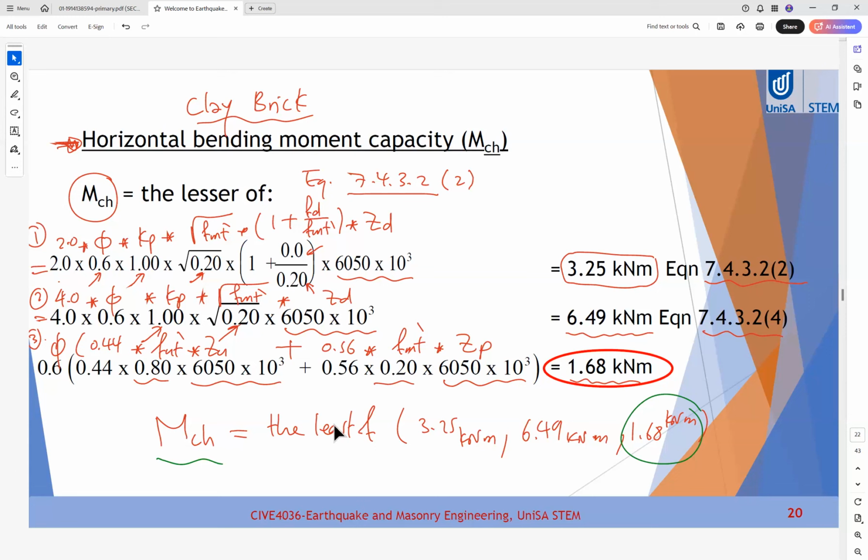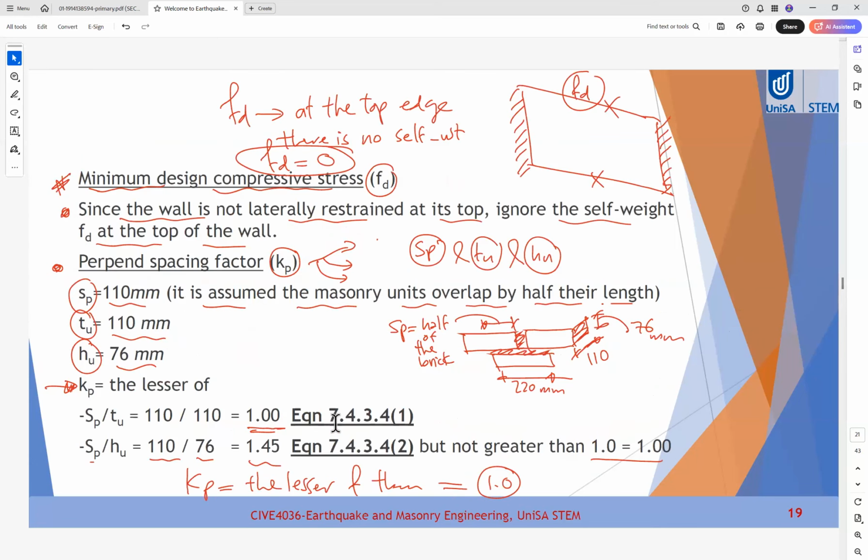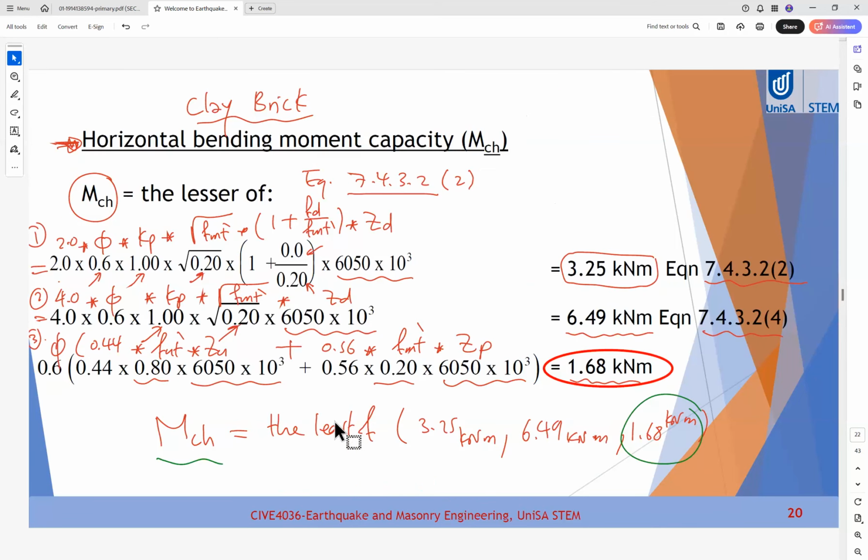This is the maximum value. You understand this one, guys? Yes, sir. No problem. Okay, that's good. So these are our first two bending types.